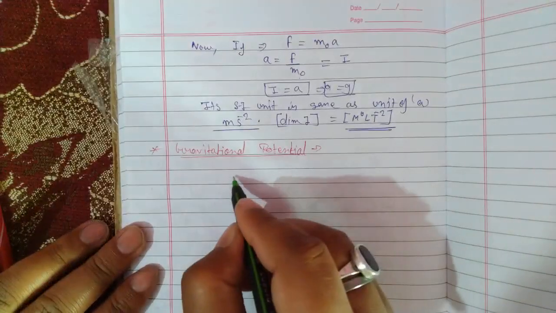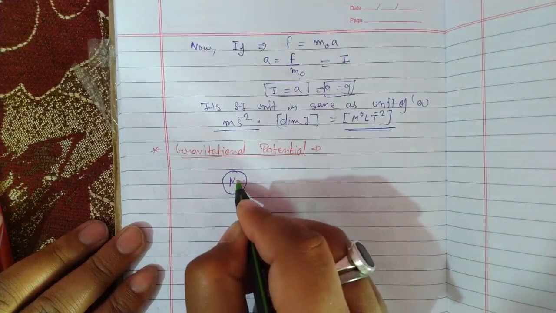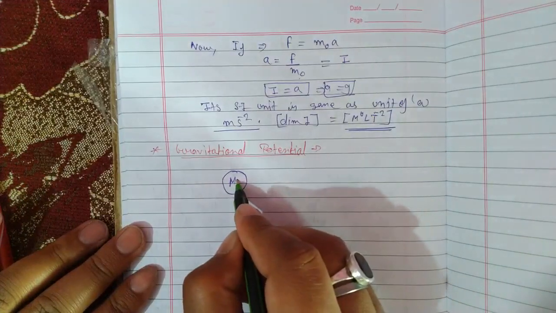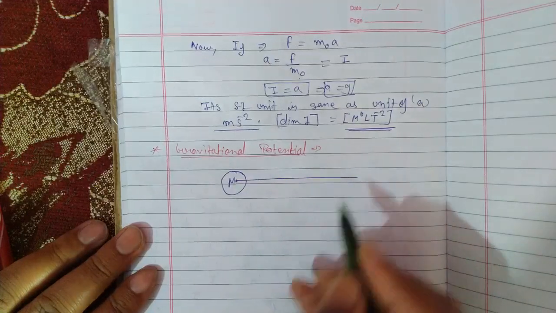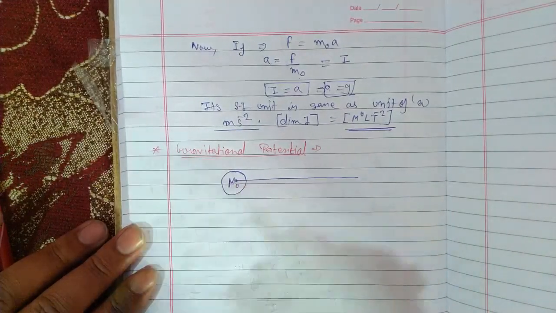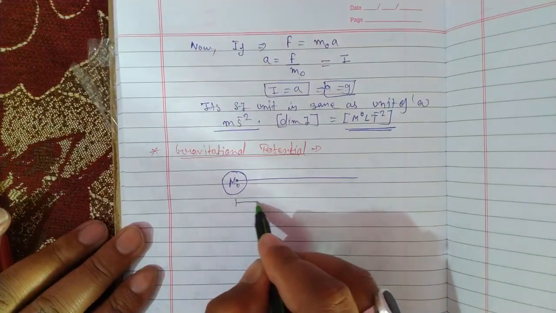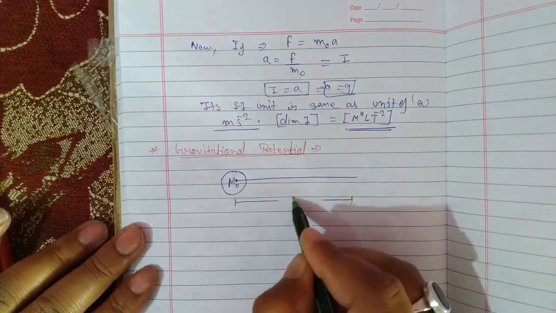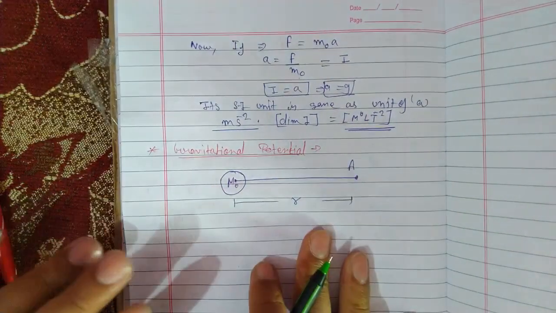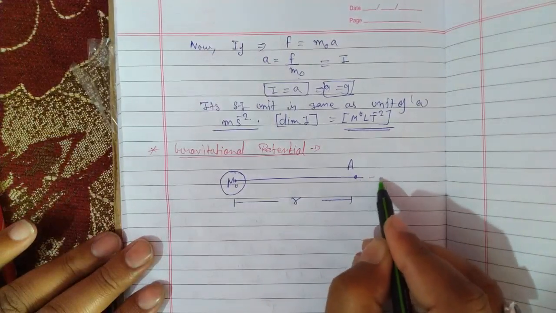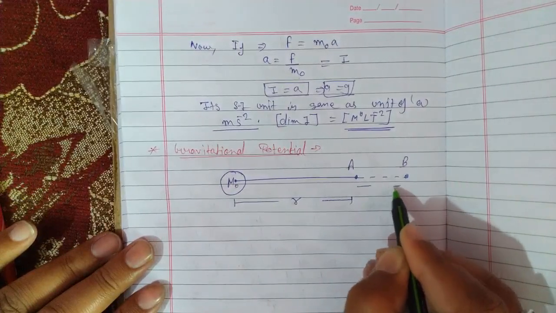let's say we have a mass body of capital mass M, whose center of mass or center of gravity is at O. Now, due to this mass body, its gravitational field is up to r distance till point A, and this is a location B at x distance.